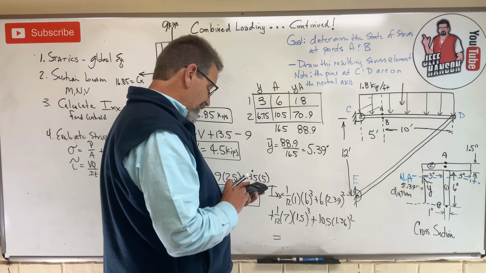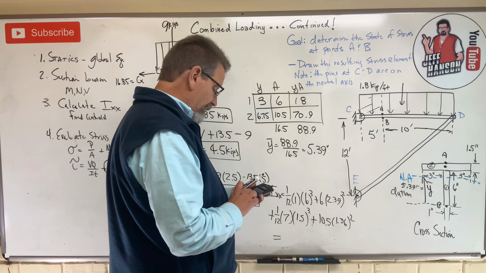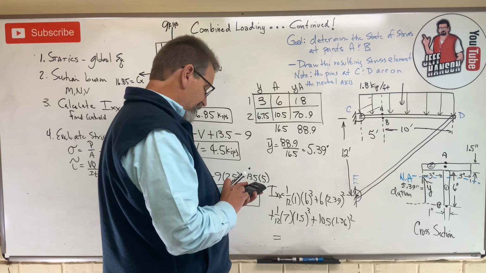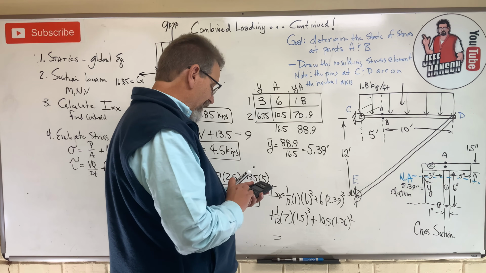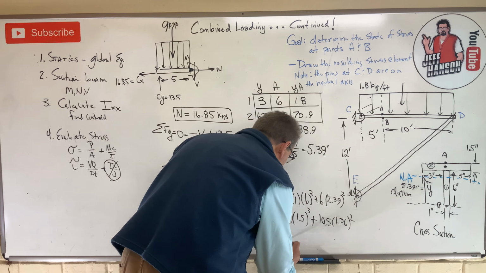Let's see. 6 cubed equals, divided by 12 equals, plus 6 times 2.39 squared equals 52.27. That's a 52.27.